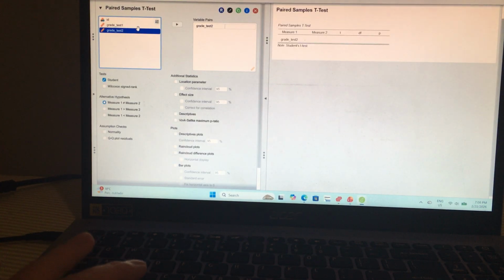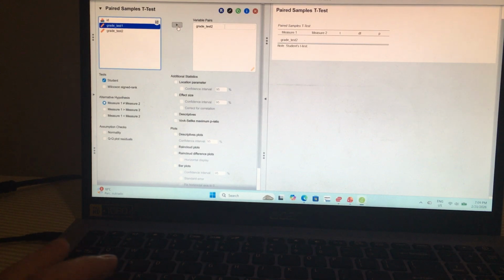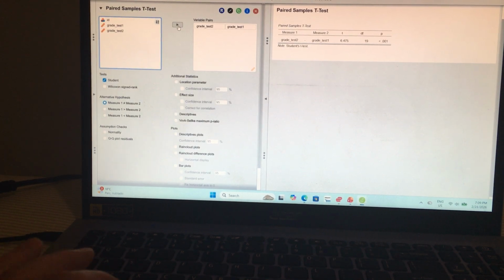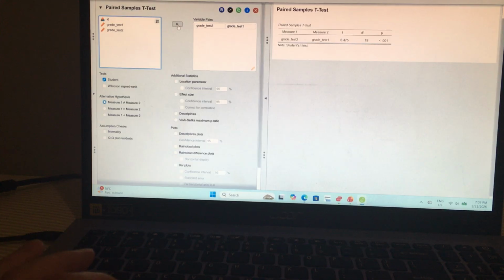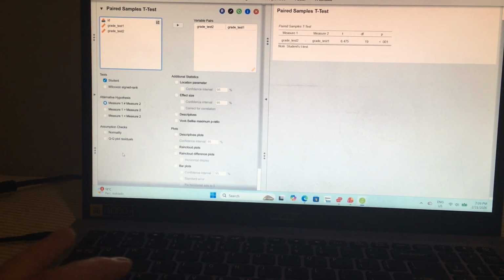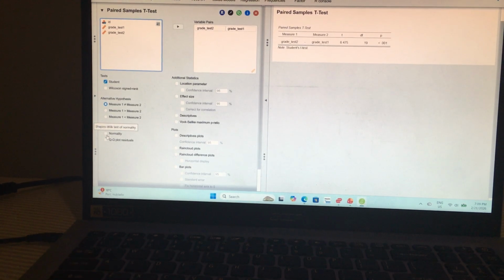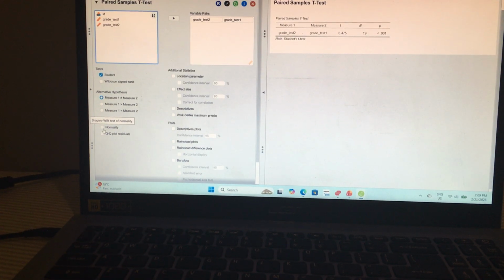We're going to see how we can play around with our data. So under assumption check right here, let's look there.